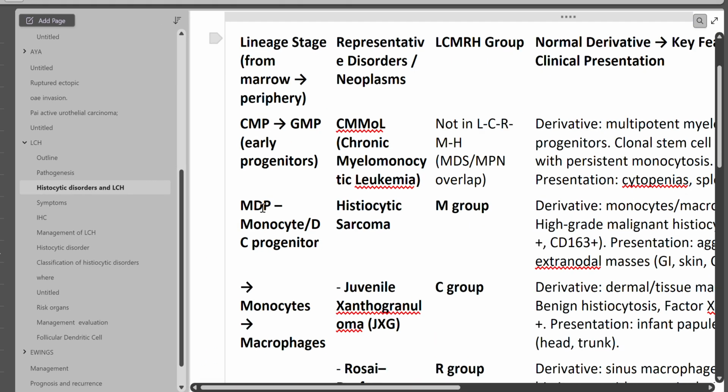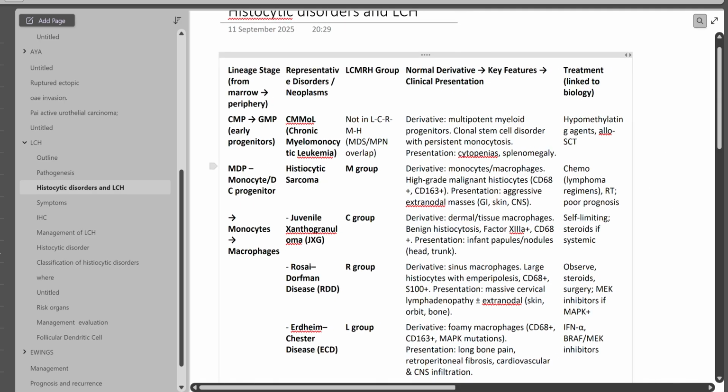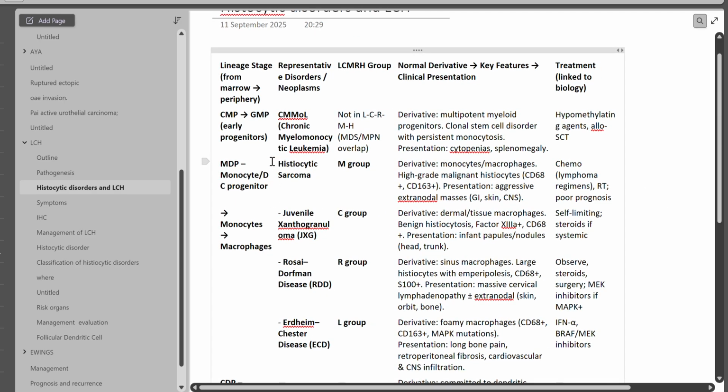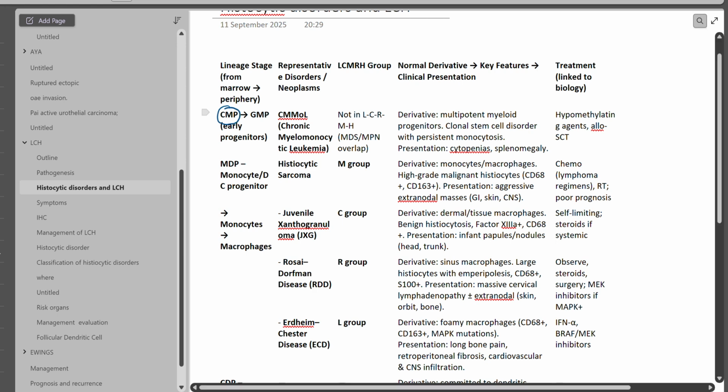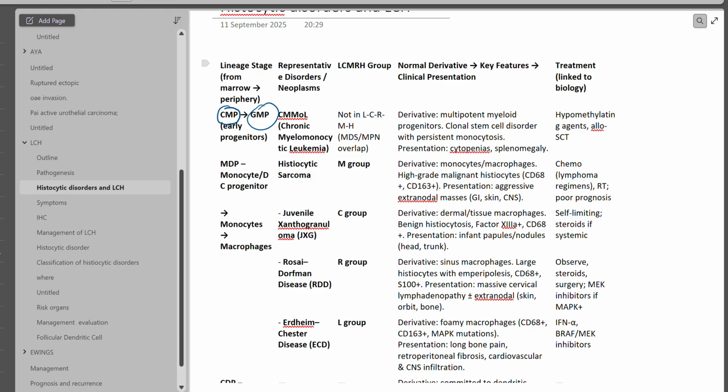So if you have the lineage, now let's talk about it. If you're talking about the CMP, the common myeloid progenitor, to the granulocyte myeloid progenitor, then you are talking about AML. If you are talking about the common monocyte dendritic progenitor, you are talking about histiocytic sarcoma, and this would be in the M group. It is very premature.